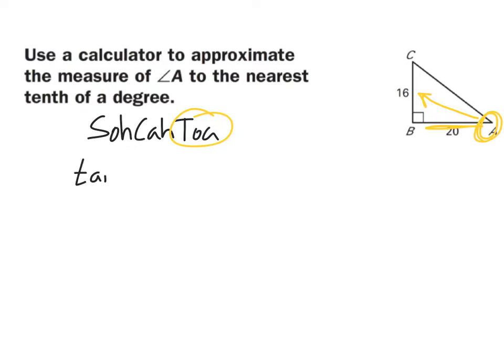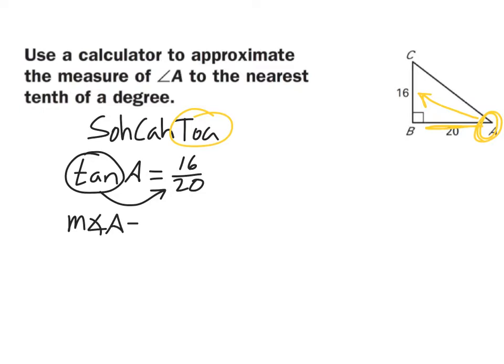So the tangent of angle A is going to equal 16 over 20. Normally I'd have you reduce that fraction, but we're going to plug it into the calculator anyway, so it really doesn't matter at this point. But we do want to take that tangent and move it to the other side. So the measure of angle A is equal to the inverse tangent of 16/20.